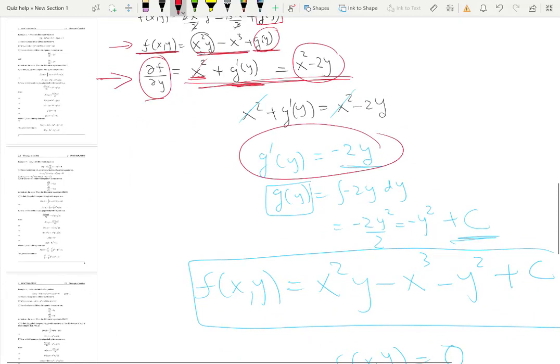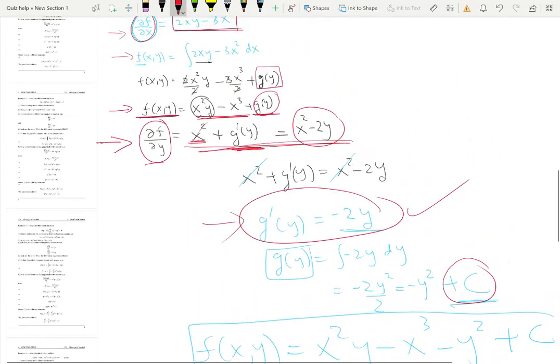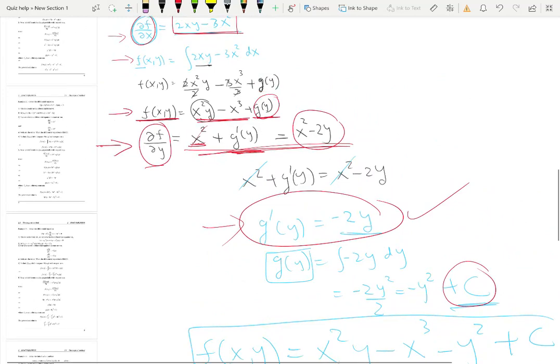To find g out of g prime, we integrate again. Now again we will have a plus c, but now we only have a function of y, and that plus c will be a constant, because this is an ordinary derivative we have taken, as it's a function of just y, there's no x there. So we found g. We already knew half of f, the only problem was we didn't know g.